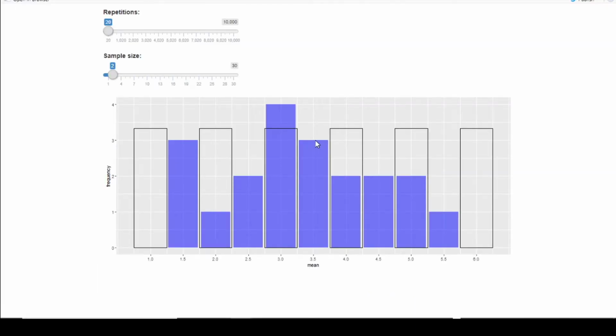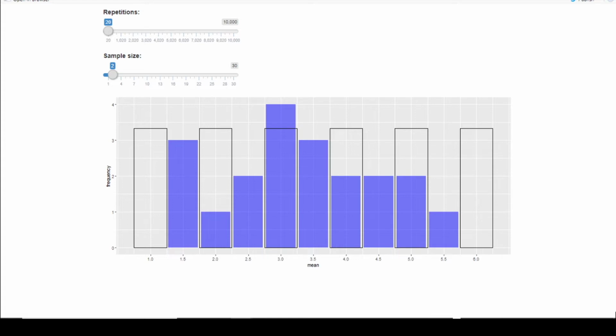Okay, so what you see here on this slide is that I have selected empirically 20 samples, that's the number of repetitions, 20 samples of size 2. And for each of these 20 samples, I have calculated the sample mean, and the empirical frequency distribution of these sample means is given by the blue bars.